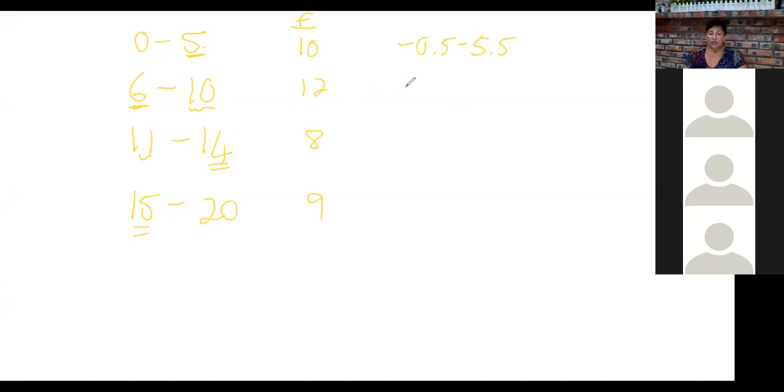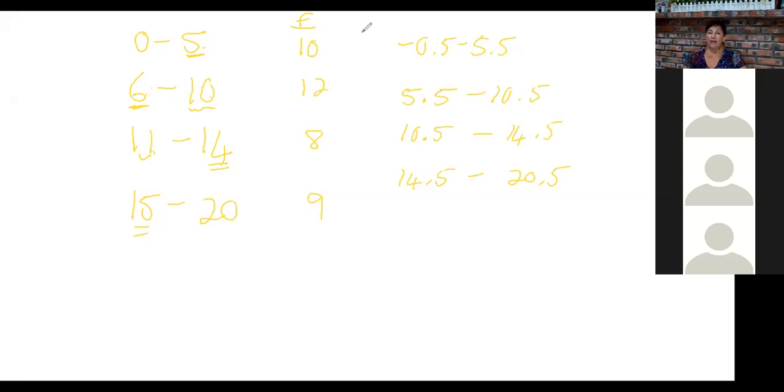Minus 0.5 to 5.5, then 5.5 to 10.5, 10.5 to 14.5, and 14.5 to 20.5. All right, so now we have continuous data. There was a break there, so it's not continuous.